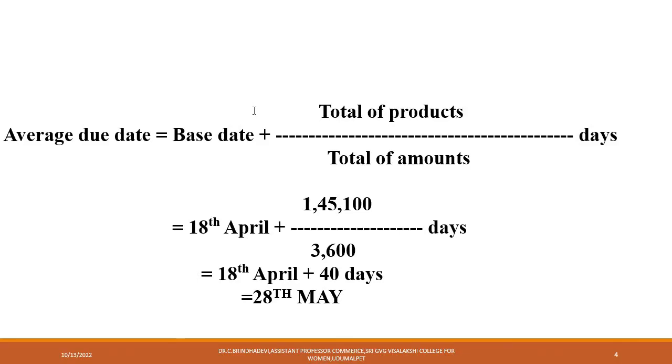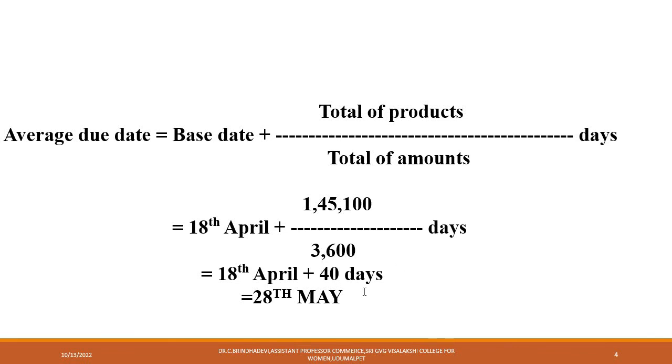What is the base date for this problem? It is 18th April. Plus what is the total product amount that we have found out? It is 1,45,100. What is the total amount? It is 3,600. So 18th April plus 40 days. After 18th April, you have to add 40 days.